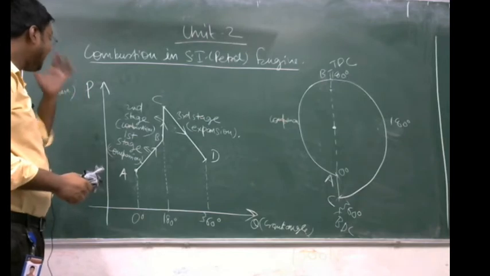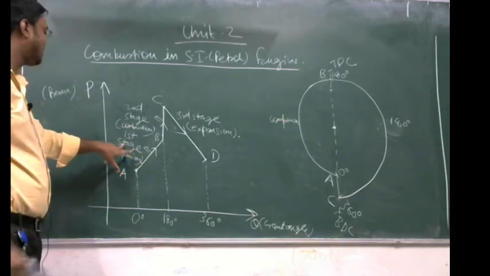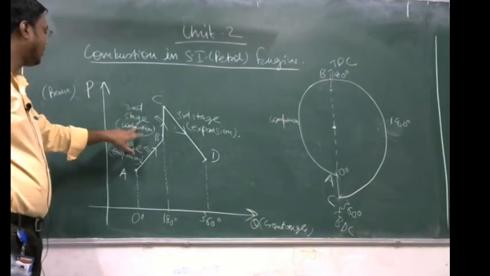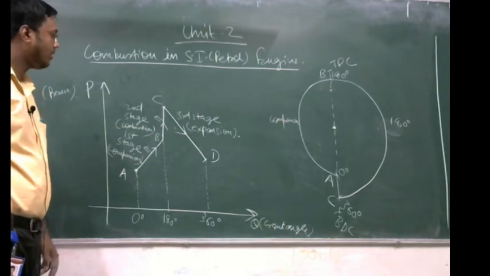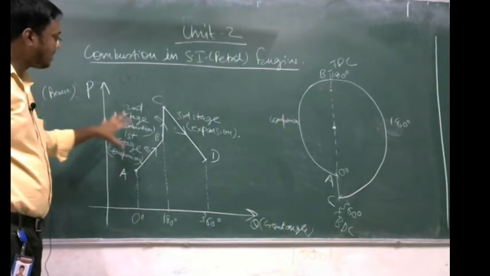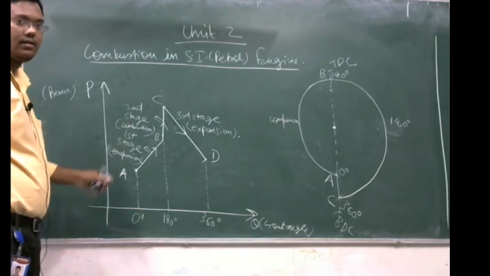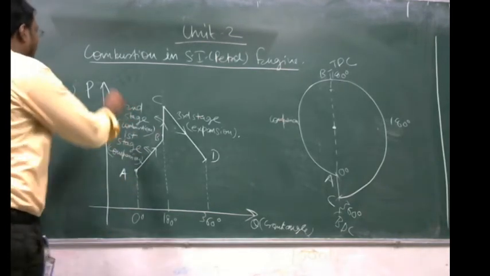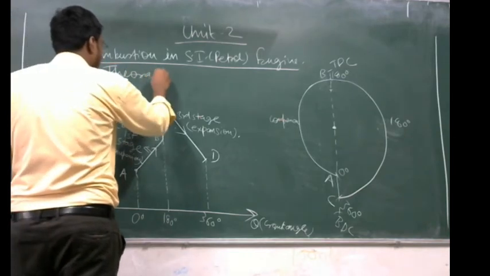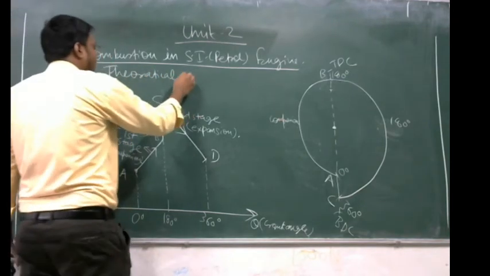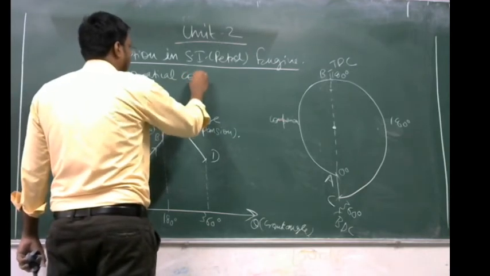So these are the stages of combustion. First stage is compression, second stage is combustion, and third stage is known as expansion. But this is the theoretical process. All these things are theoretical. What we have studied here is theoretical combustion.